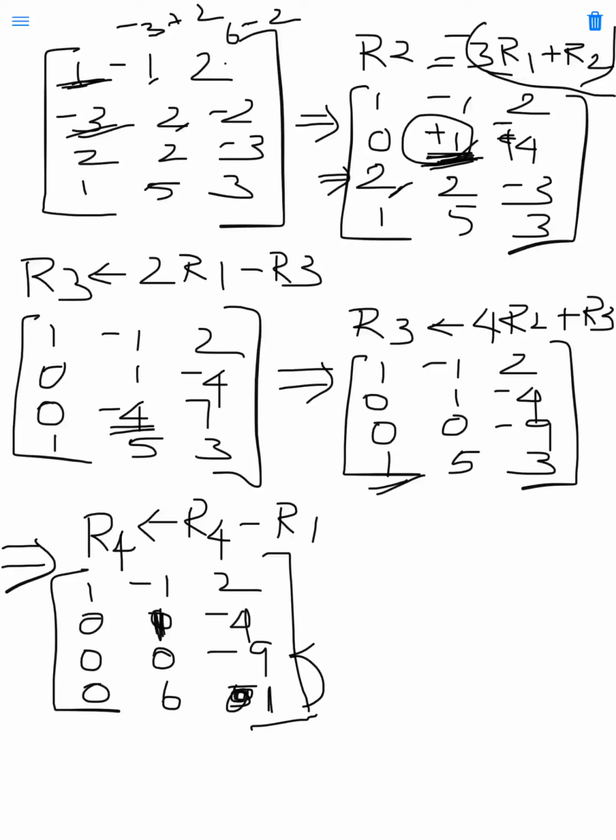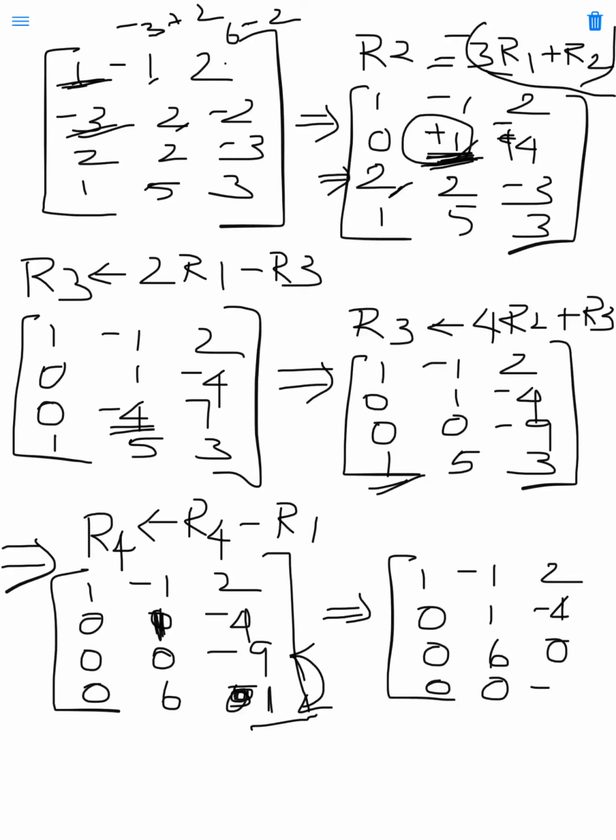Now you can interchange these rows in order to place this 1 over there. Okay, so while interchanging, you will be getting 1 minus 1, 2, 0, 1 minus 4, 0, 6, 0, 0, 0 minus 9.